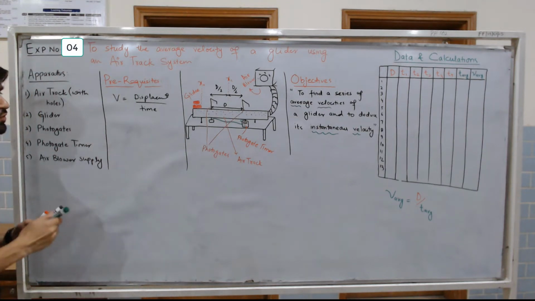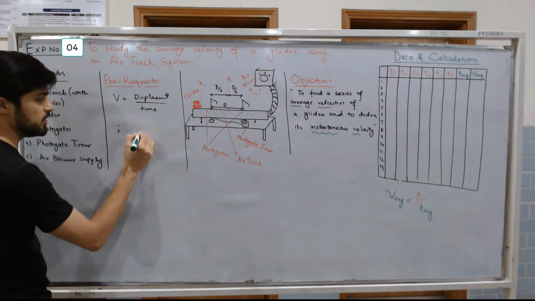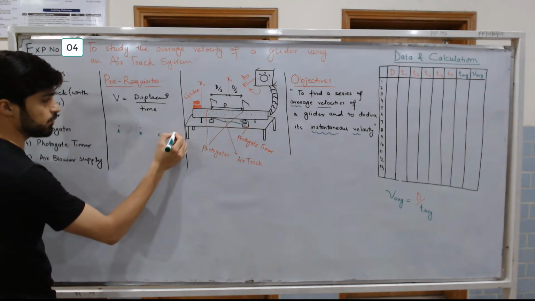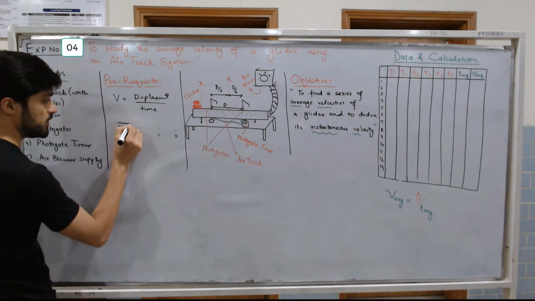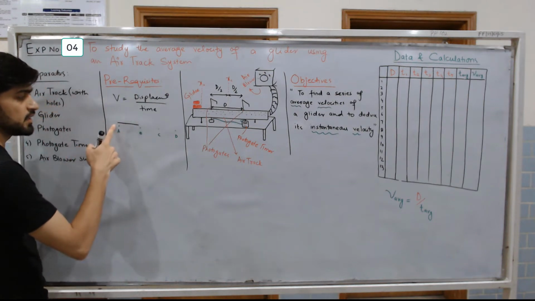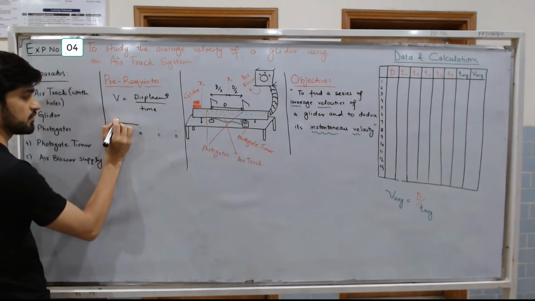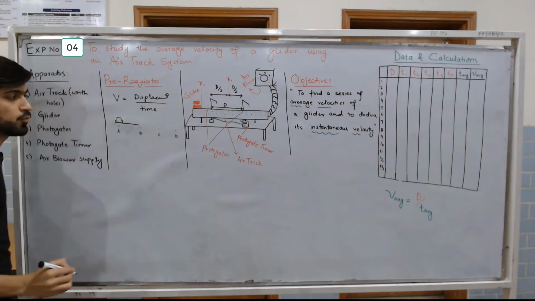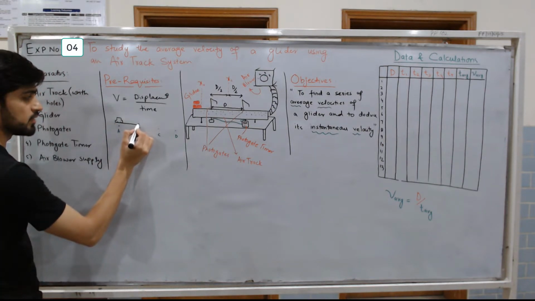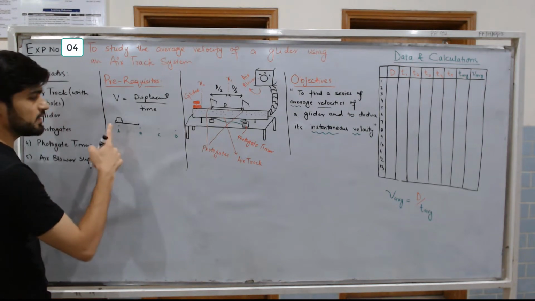Let me give you an example. Let's say I have a point A, a point B, point C and point D. Let's say we have a car, and the car moves from point A to point B. In the first instant, the car was at rest at point A. Now it starts from A and reaches point B. So it covers some displacement.